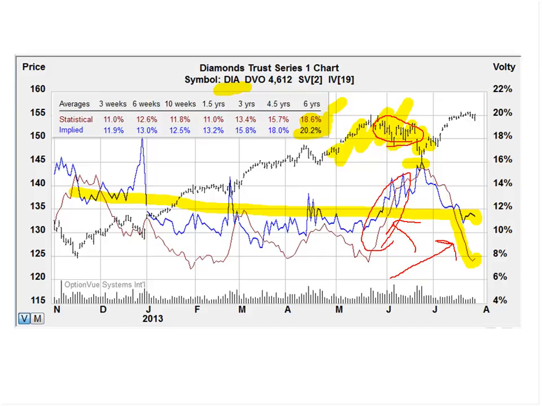We don't really like to look at implied volatility at its current level as some kind of static number, where you say, well, if it's above 10, we do this strategy, and if it's below 10, we do that strategy. No, no, no. We don't like to look at that because it's all relative to how volatile the market actually turns out to be. So right now, statistical has been going down.